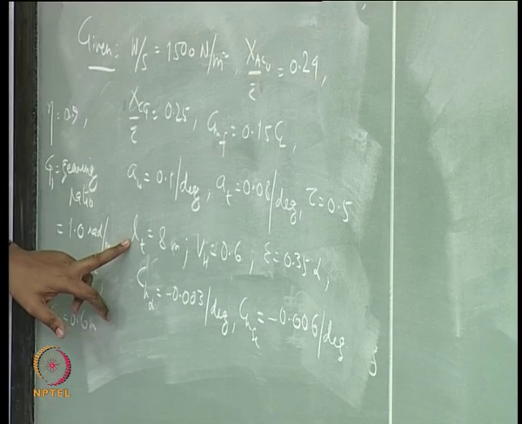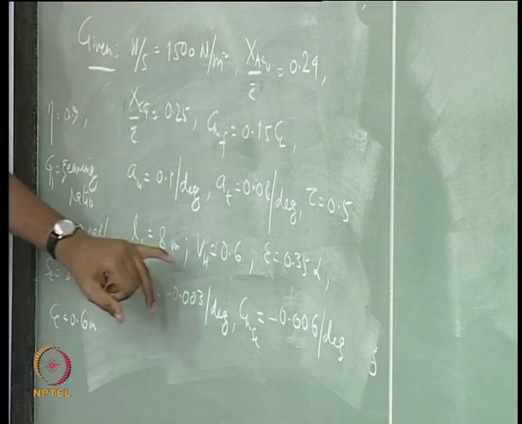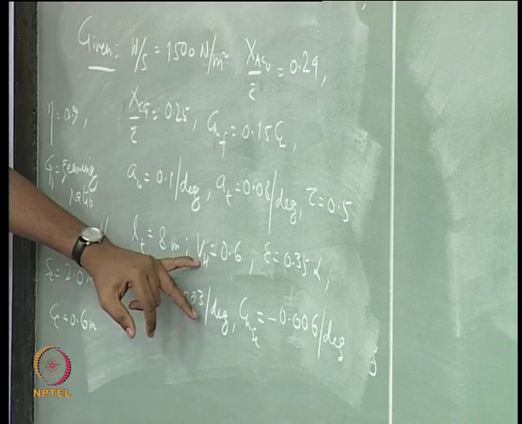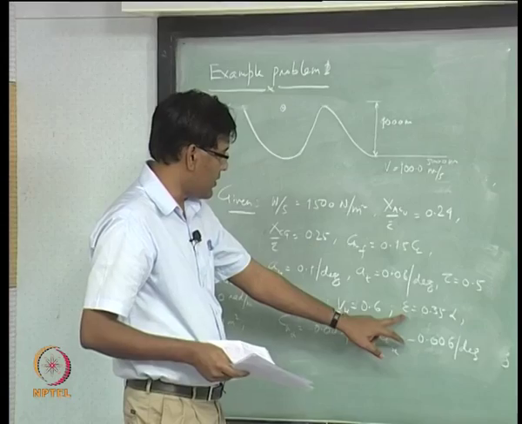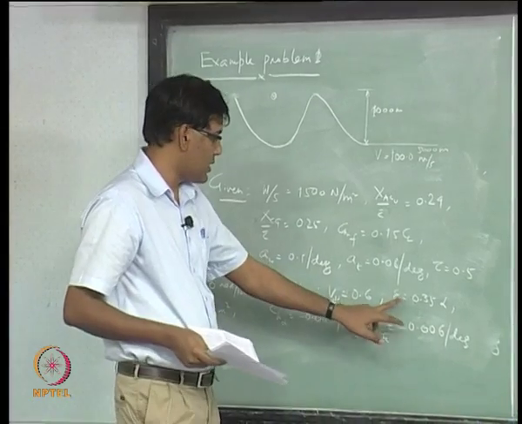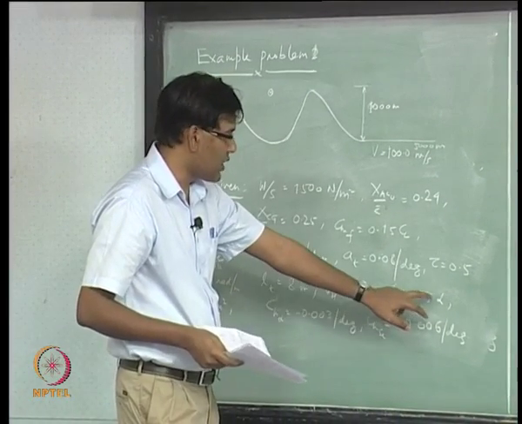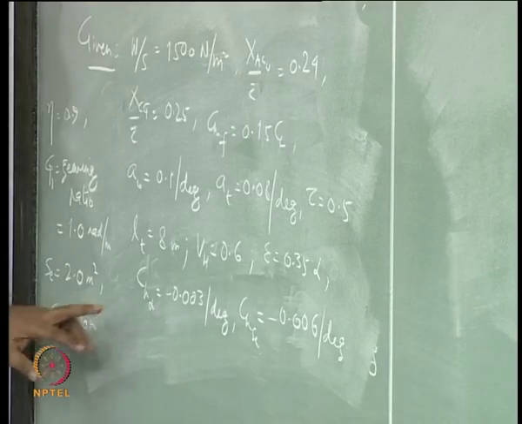This is the tail arm length, right, which is 8 meter. Tail volume ratio 0.6. Downwash is 0.35 into angle of attack alpha.